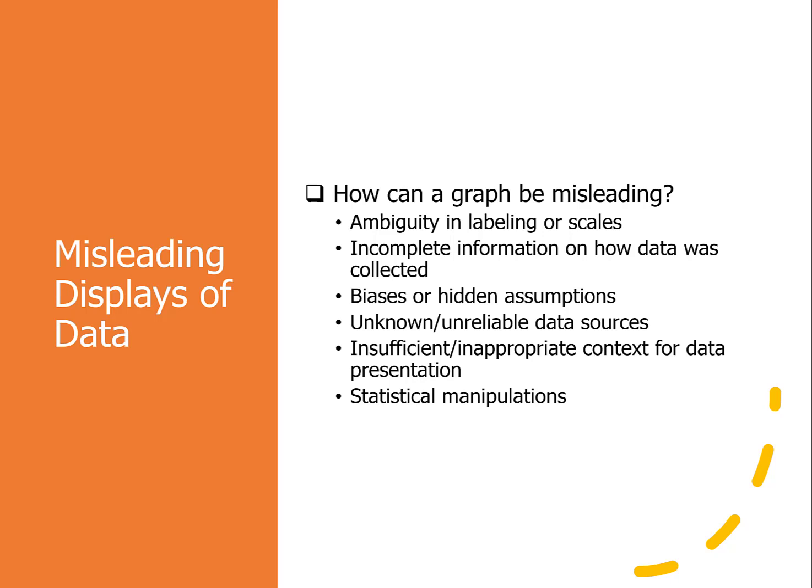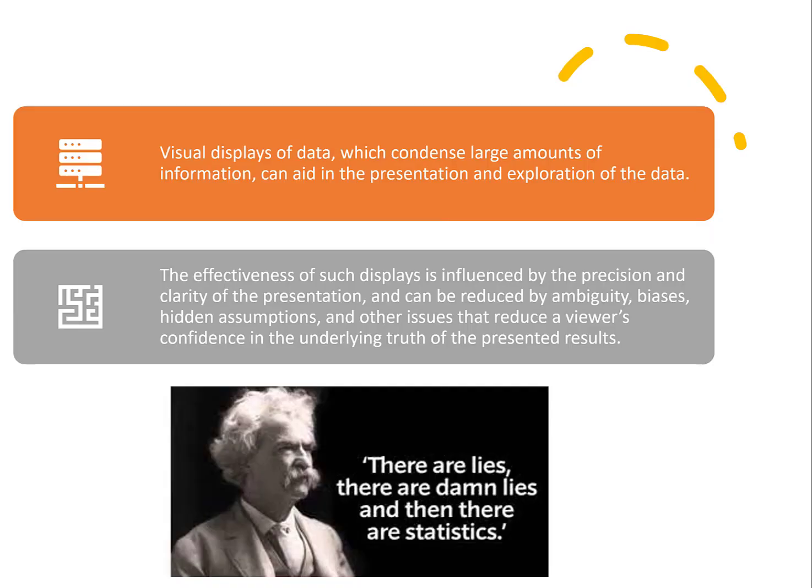Well, they didn't let the organisms live long enough to develop the cancers, because they knew that, and that's bias. That's also hiding assumptions that they didn't share with the readers. Insufficient, inappropriate context for data presentation, or lies, damn lies of statistical manipulations, just like Mark Twain said.